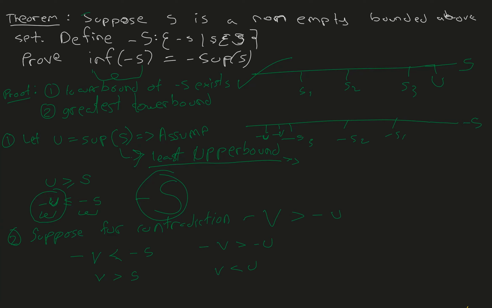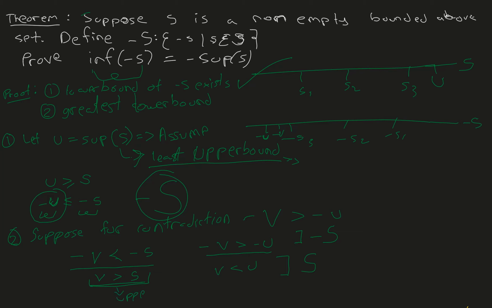So let me explain this contradiction, what's strange which is happening here. In this scenario we're dealing with the set negative S. In this scenario we're dealing with the set S. So we get that negative v is a lower bound for the set negative S, and it is greater than negative u. But when we switch the signs and reverse the inequality sign, we get that v is an upper bound for the set S because v is greater than s.